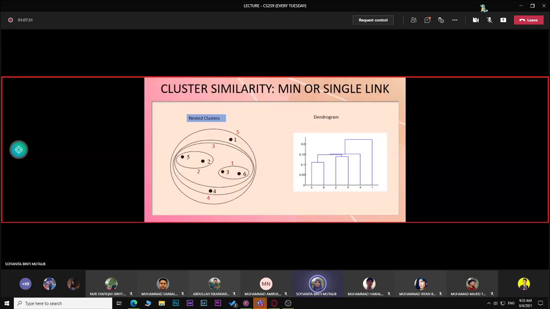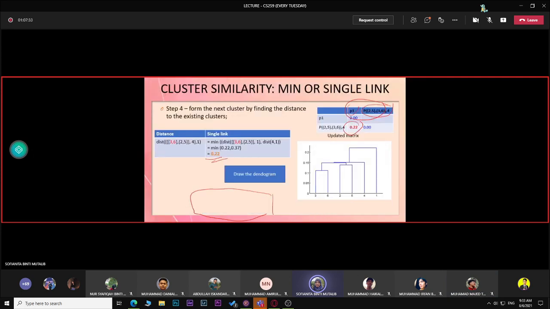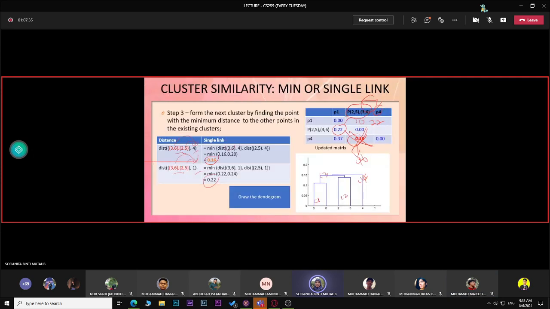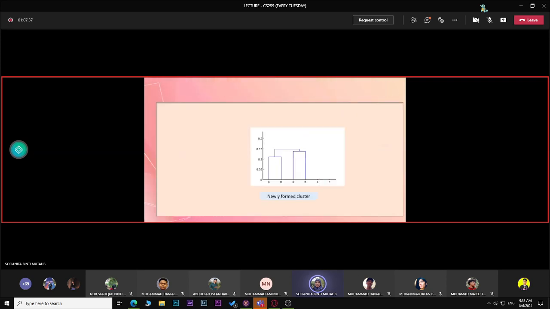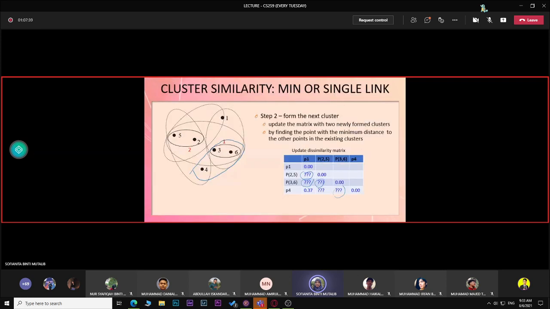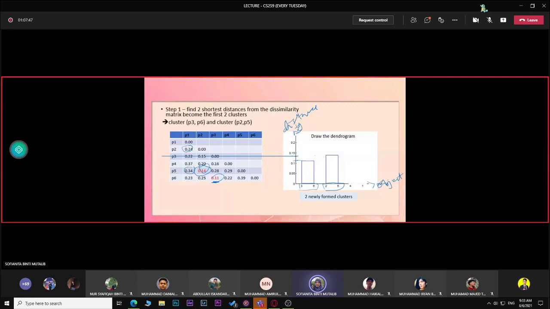Okay, next. So this is what you have to get. This is the previous matrix we already calculated. Distance object 1 dengan object 3, kita dah tahu value dia berapa.